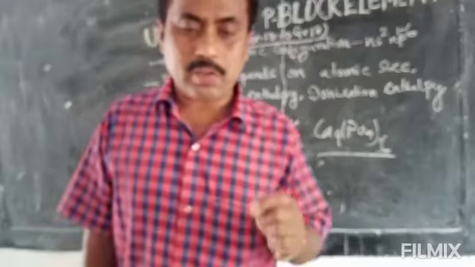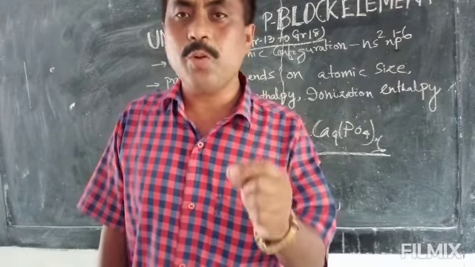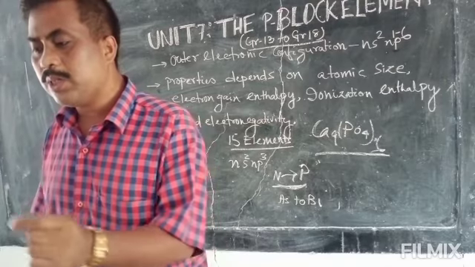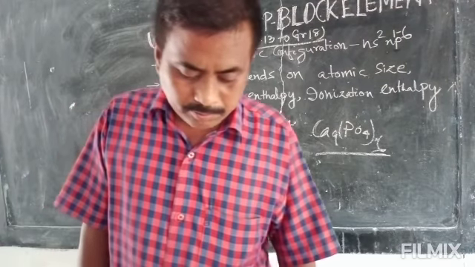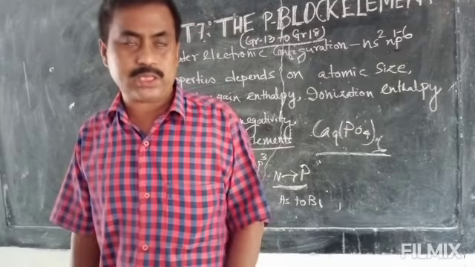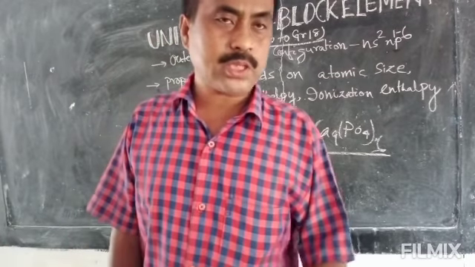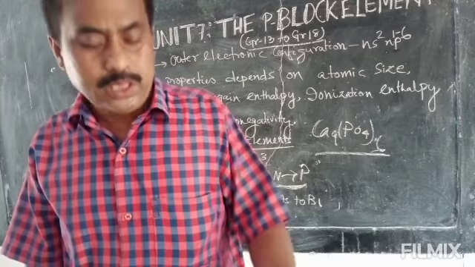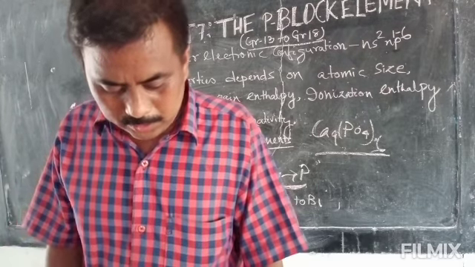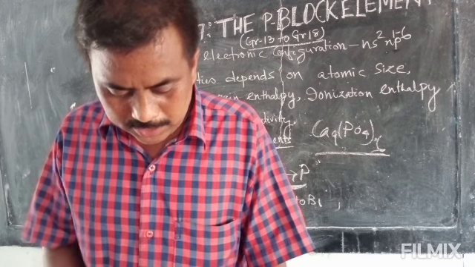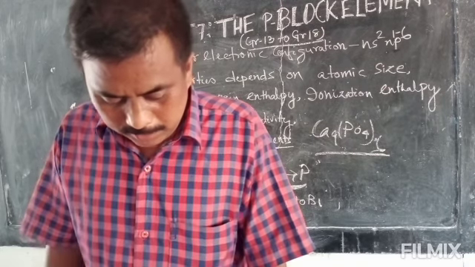As we know, ionization enthalpy is the energy required to remove one electron from its stable electronic configuration. If we move down the group, size gradually increases, thereby the force of attraction gradually decreases. So to remove an electron is easier. Due to the increase of size, the ionization enthalpy gradually decreases down the group.